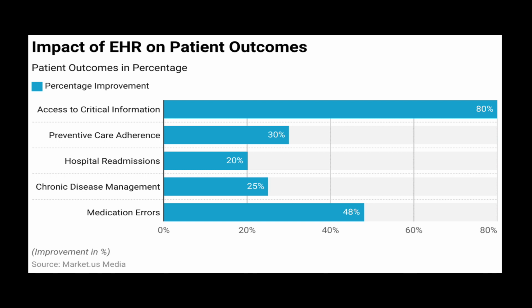Preventative care adherence, 30%. Hospital readmissions, 20%. And chronic disease management, 25%. I really like this graph that I found because you can actually see the improvement in percentages.